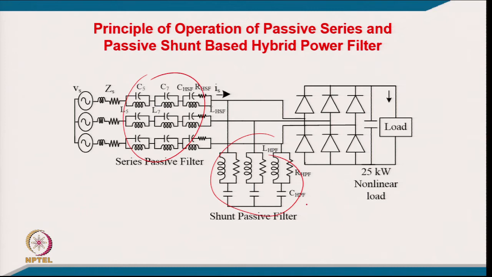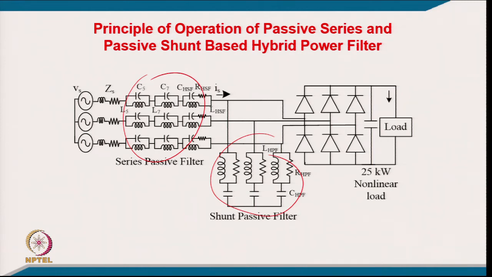So, this is shunt and this is series. The series takes care of the drawback of the shunt, because the shunt might have two drawbacks. One is the resonance problem. The series mitigates the resonance because it blocks lower order harmonics from here, but it behaves as an inductor at fundamental frequency, and this gives a capacitive reactive power which compensates for the reactive power taken by this.